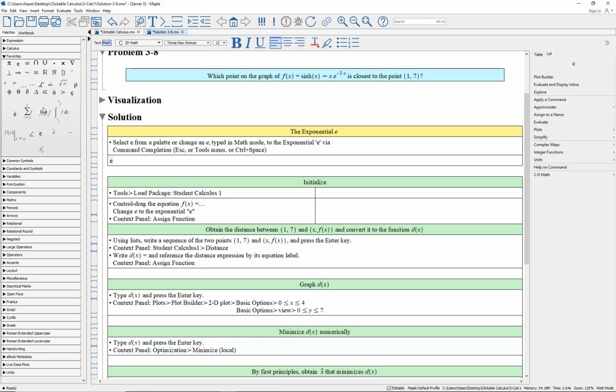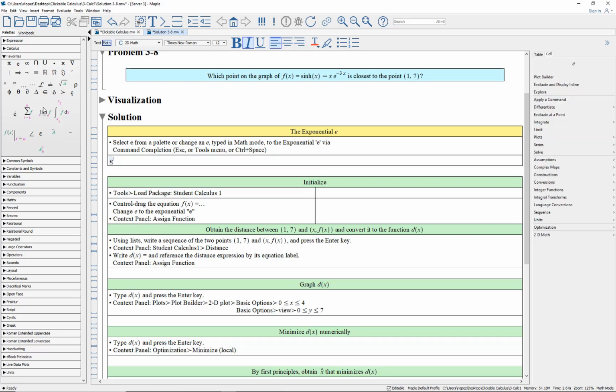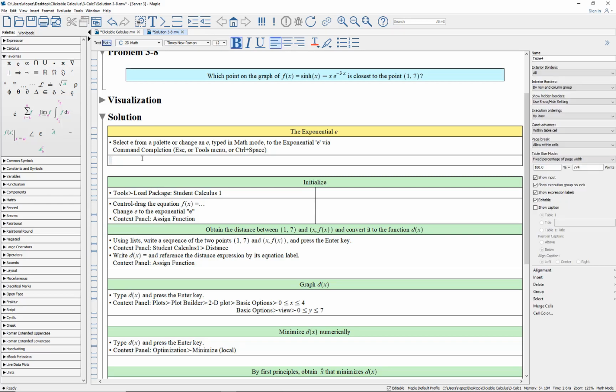It is not enough to type in e, select it, and make it bold, because that appears to be bold Roman. That's not enough. That doesn't do it. You have to either get it from the palette or type in E and then use, let's take this bold off here.